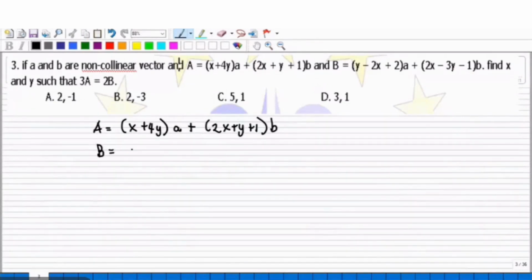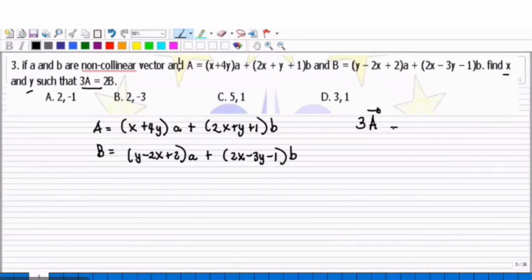Then yung ating vector B, so this is (y minus 2x plus 2) times a, plus (2x minus 3y minus 1) times b. So find your x and y such that 3 times the vector A is equal to 2 times the vector B. Okay, mag-i-equal yan kapag 3 times vector A is equal to 2 times vector B.